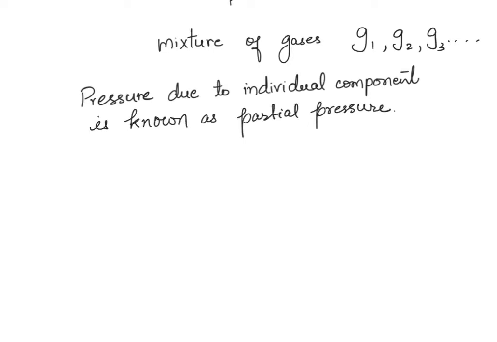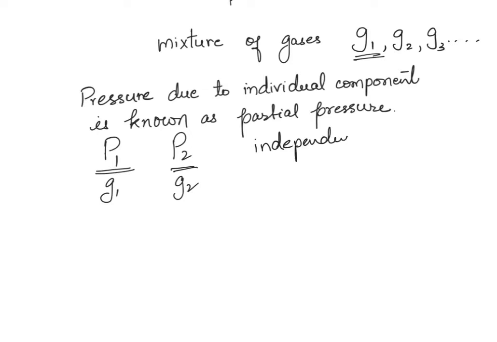So gas 1 probably exerts a pressure P1. Gas 2 exerts a pressure P2. So this is the partial pressure of gas 1, this is the partial pressure of gas 2, and these pressures are independent of each other.